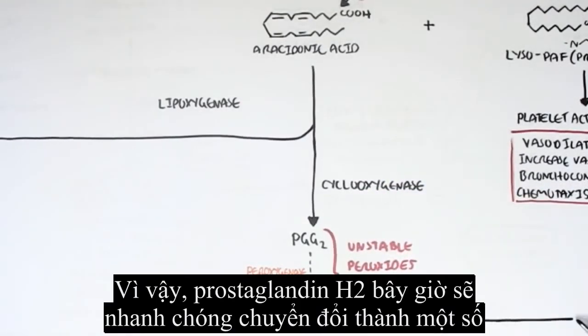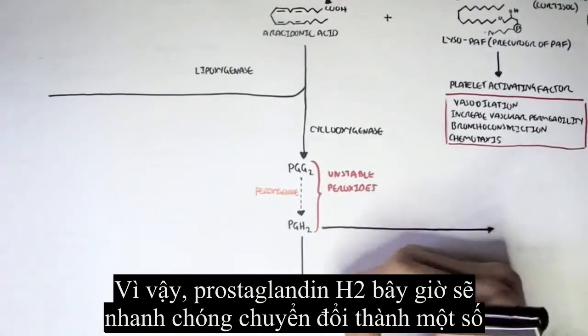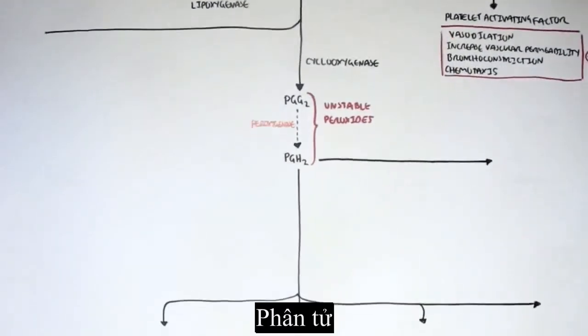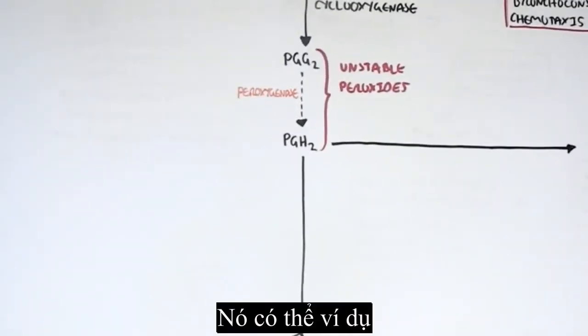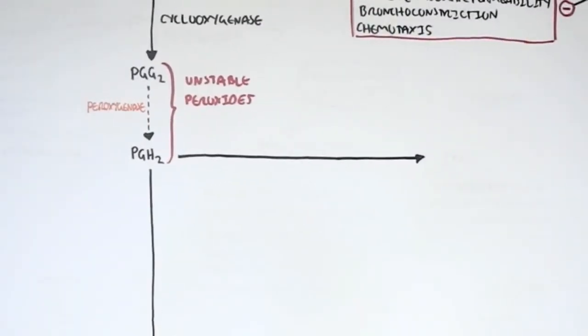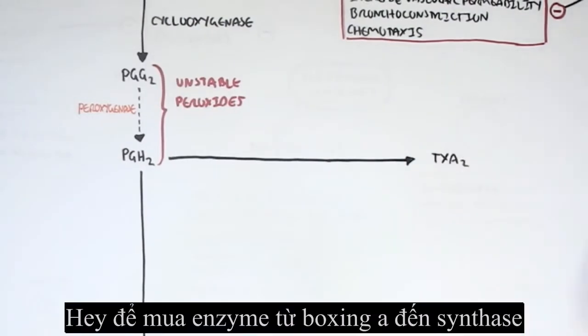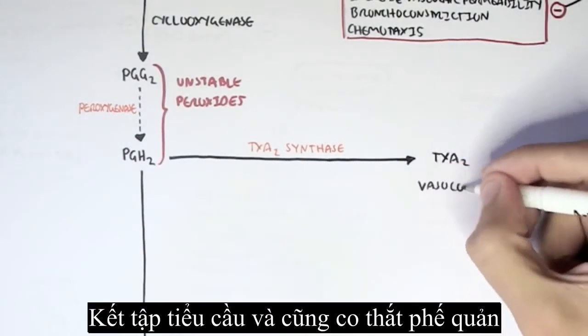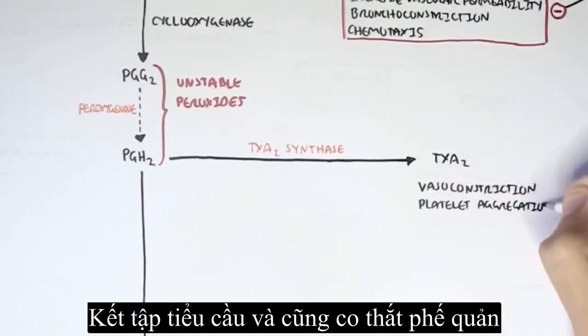So prostaglandin H2 can now quickly convert to a number of different molecules. It can, for example, convert to thromboxane A2 by the enzyme thromboxane A2 synthase. Thromboxane A2 causes vasoconstriction, platelet aggregation, and also bronchoconstriction.